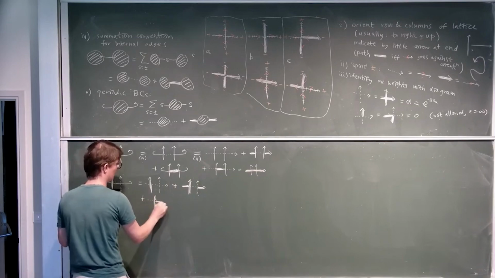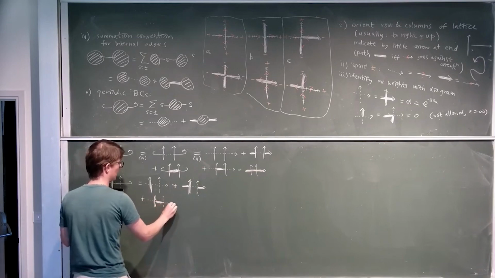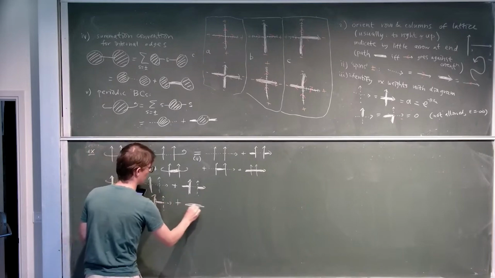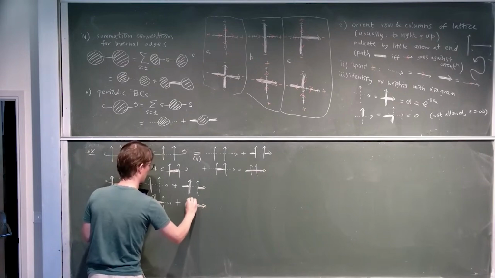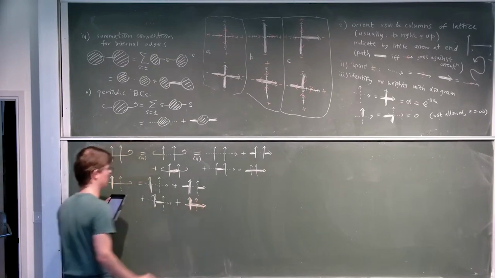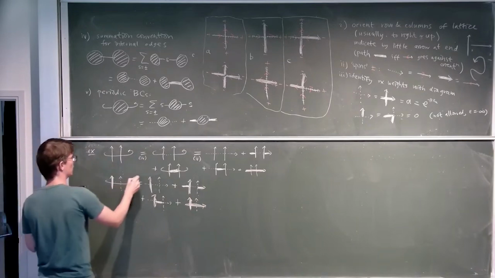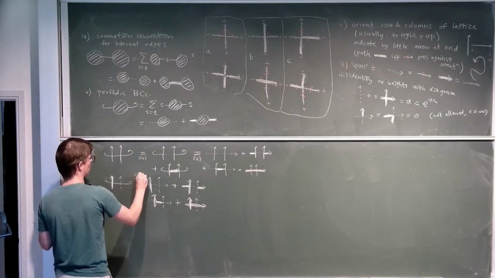This, this, and then finally this one here. There we go. So these are all the options. This is what we get from our graphical computation. Now I use rules 4 and 5.